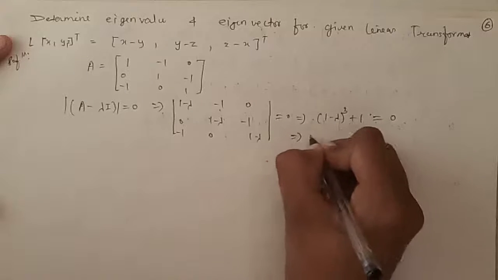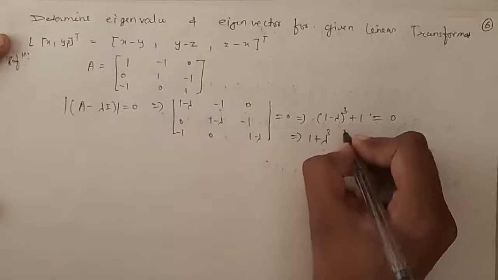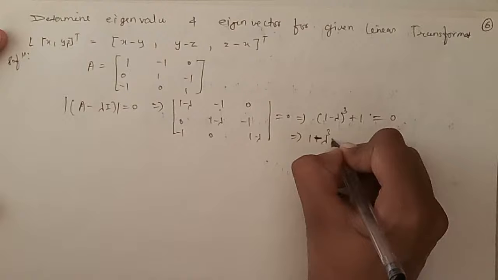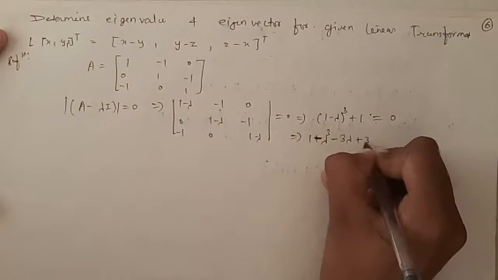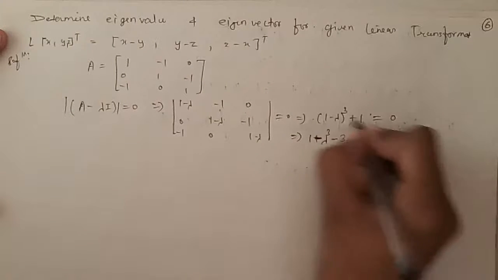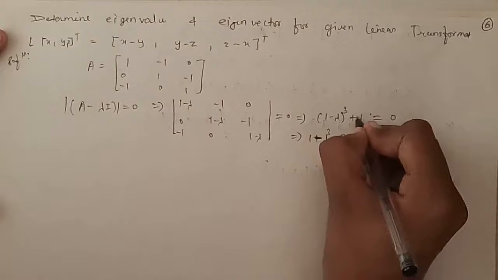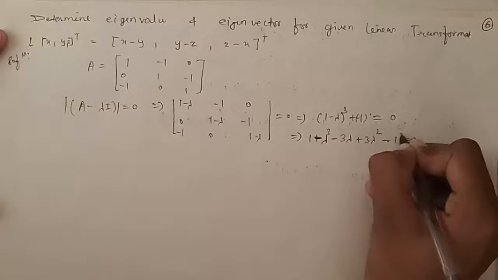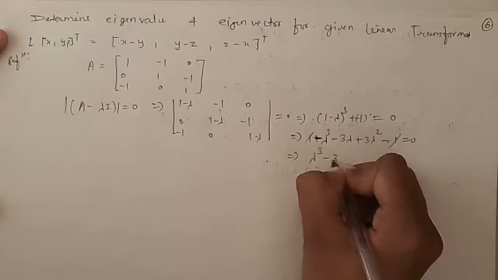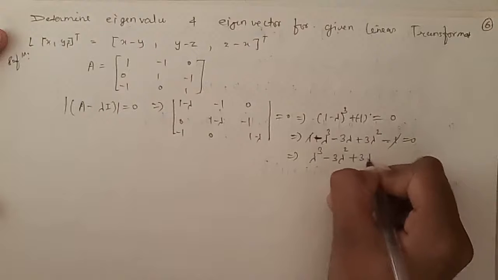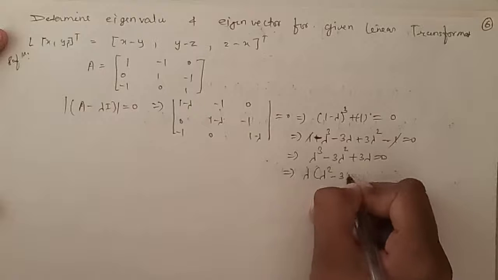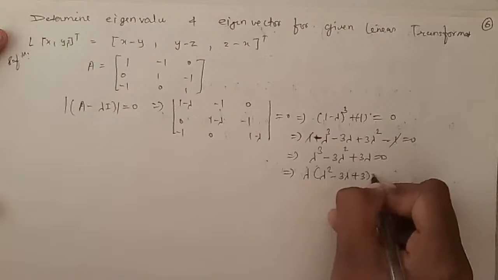So (1 minus lambda) cube, actually this is minus lambda cube, then minus 3 lambda plus 3 lambda square, and this is minus 1. So this 1 and 1 get cancelled. So lambda cube minus 3 lambda square plus 3 lambda is equal to 0. On taking lambda outside, this becomes lambda square minus 3 lambda plus 3 is equal to 0.